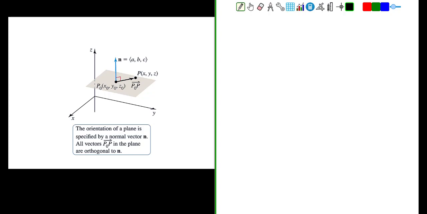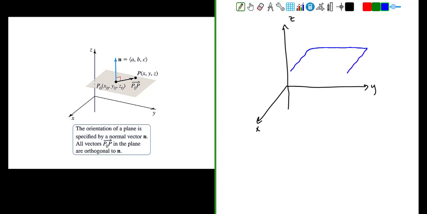If I were to redraw this picture, I would redraw it like this. Here is our x, here is our y, our z-axis will be vertical. We are taking a plane that is parallel to the xy plane, so let me draw that plane, and we could uniquely determine an equation for this plane by knowing a point in the plane and by taking 2 other vectors in the plane.